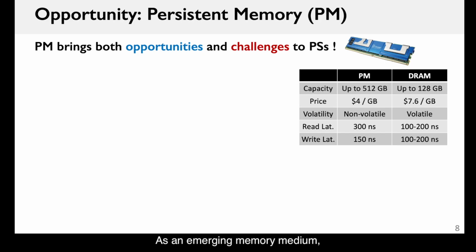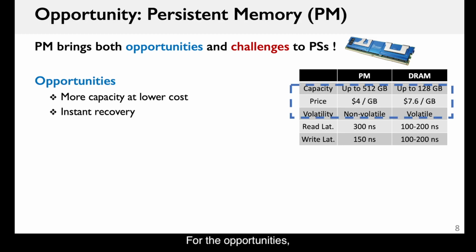As an emerging memory medium, persistent memory may change the landscape of PS design, with both new opportunities and challenges. For the opportunities, PM enjoys more capacity at a lower cost compared with DRAM, and its persistence can achieve a quick recovery when outages.